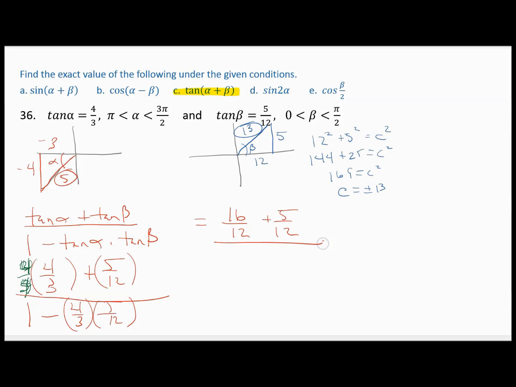And then divided by, now I still have a common denominator issue here as well. I'm going to multiply this fraction of 1 by 12 over 12. Oh, it shouldn't be. We can reduce this, but it's still not going to be 12 over 12.